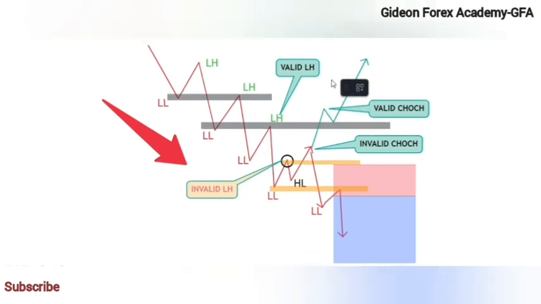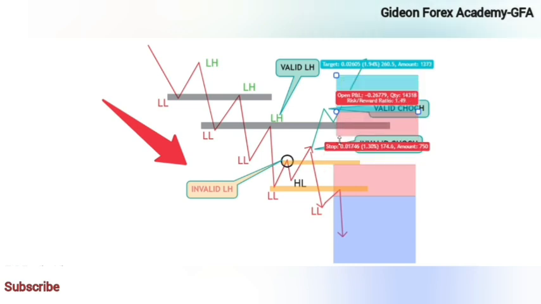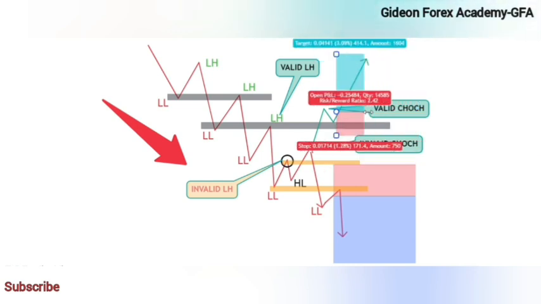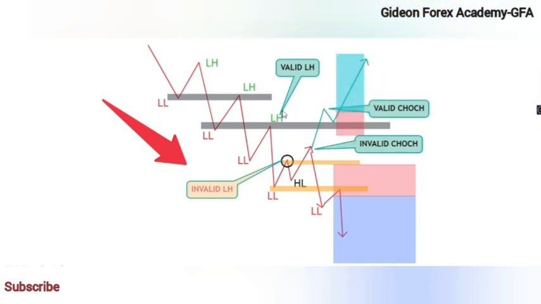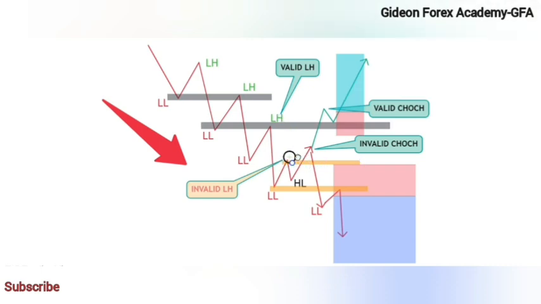Then you'd consider your buy order. From after the retest, you'd consider your buy order, place your stop loss just there and target all the way up there, okay? This would be valid, okay? Why? Because it would have broken above the lower high, which is a valid lower high. This was not a valid lower high. Why?